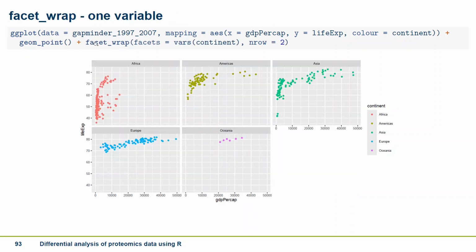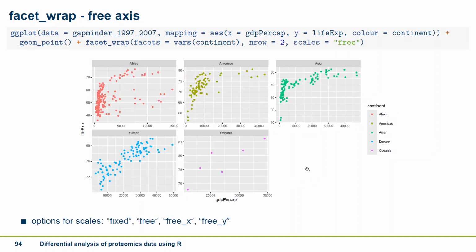And we can use the facet_wrap function, which will produce, as you can see here, one plot for each continent, because in the facets we defined the variable continent, and we defined that we want to have 2 rows, 1 row, 2nd row.